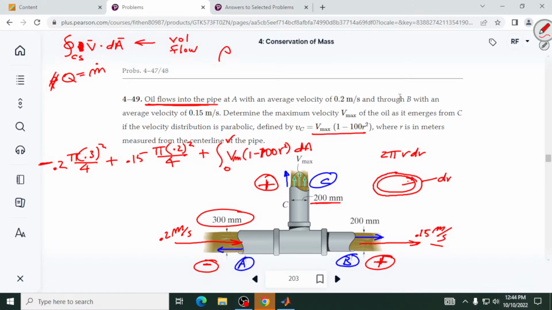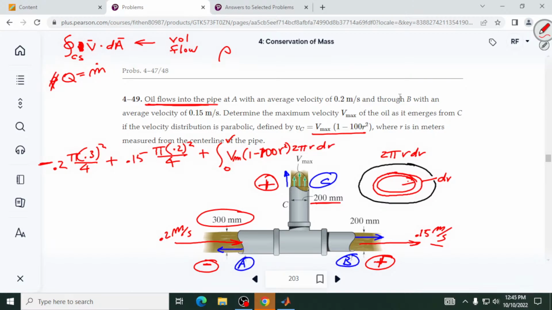And this is your little ring of area that goes all the way out to eventually the outside ring. So the little area is 2 pi r dr. So I can do this and put in 2 pi r dr.